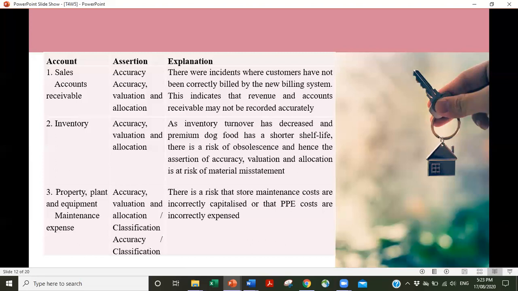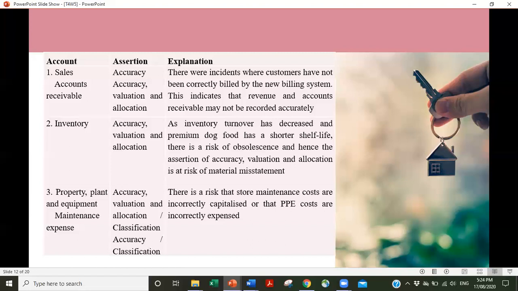And if your lower of cost or net realisable value doesn't work, then the value you have in your balance sheet of that account may not be correctly stated. It may not be accurate, and the allocation may be incorrect as well.